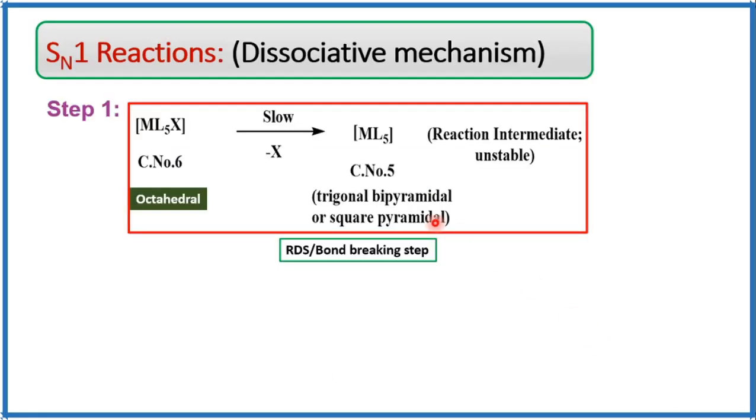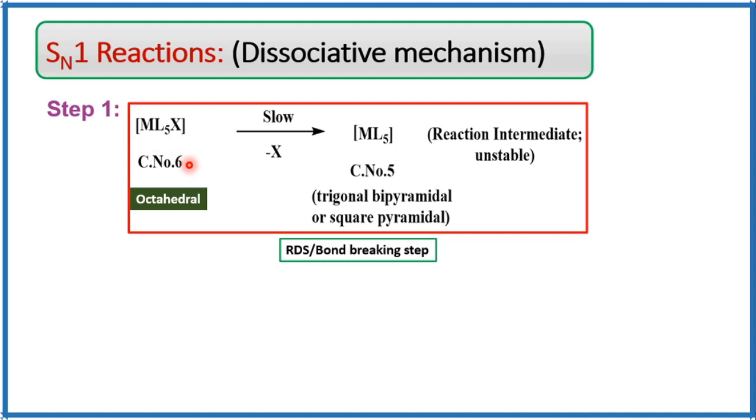If we see the mechanism of these SN1 reactions, they take place in two steps. As we have already said, this is an example of the dissociative mechanism. In step 1, let us take an octahedral complex. This ML5X is an octahedral complex with coordination number 6.